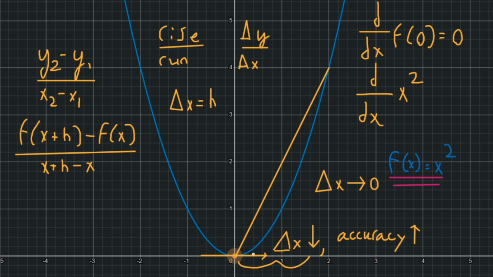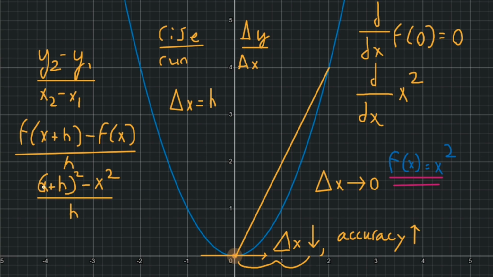So now what we can do is very similar to previously. These two are just going to cancel out, and we're left with h down here on the denominator. So we have h, and now we need to throw these into our function, x squared. So that means that we're going to get (x plus h) squared minus x squared, all of which is over h.